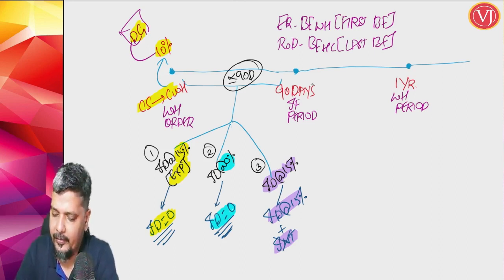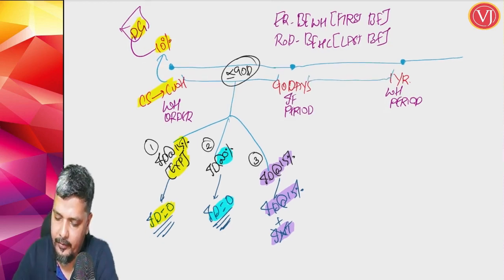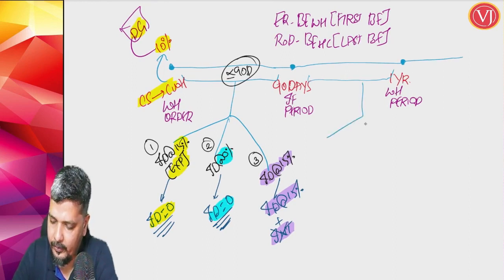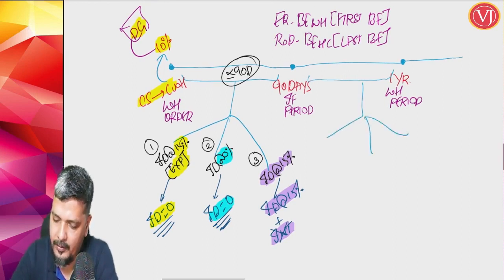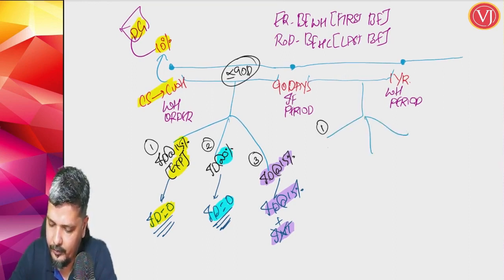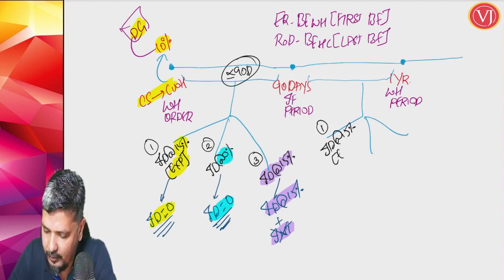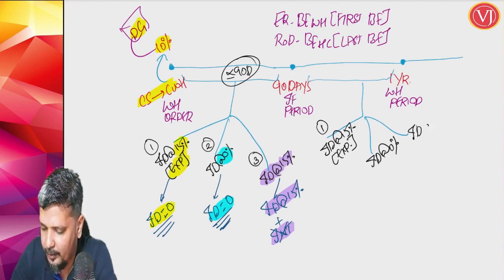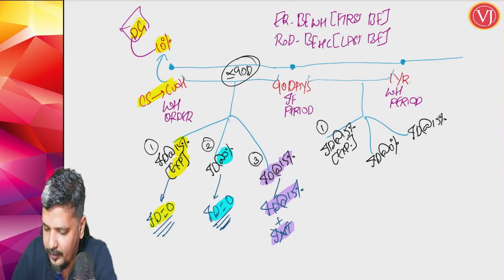In the second case, same three scenarios. Import duty at the time of clearance is 15%, but you are exporting it. Import duty is at 0%. Import duty is at 15%. What will happen?